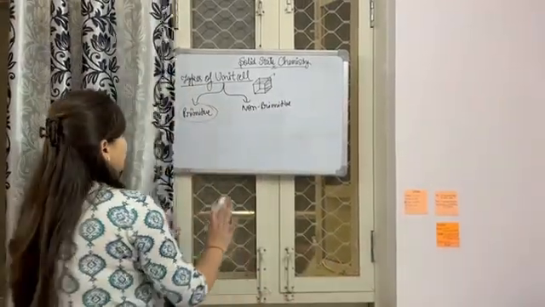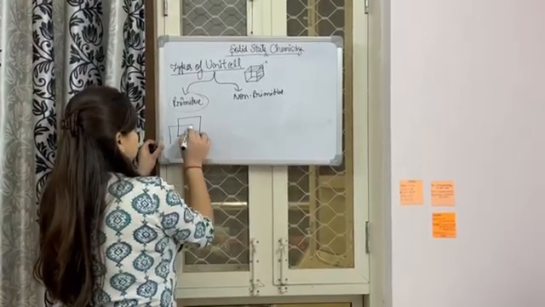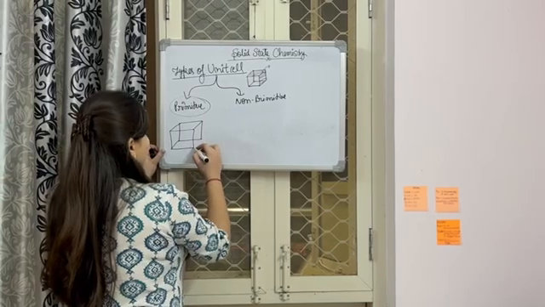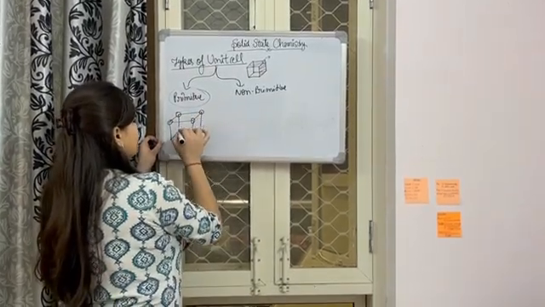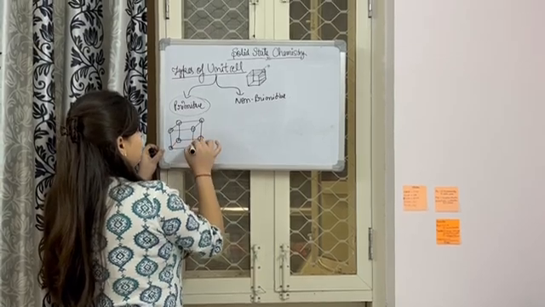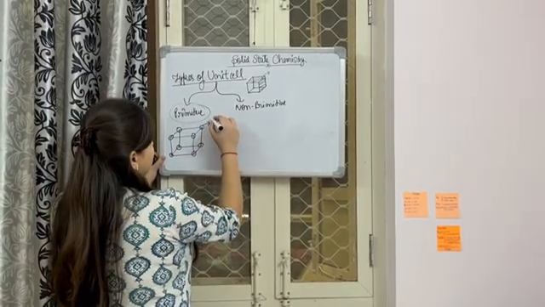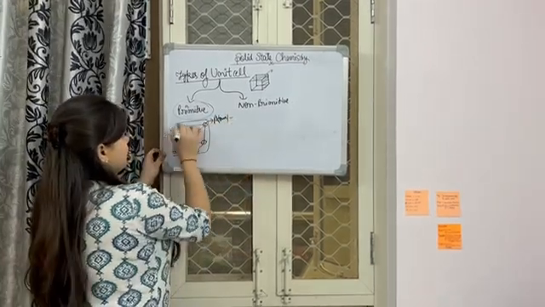Then the unit cell is considered a primitive unit cell. You can see a basic unit cell, a cubic lattice, in which all the atoms or molecules are present at the corners.